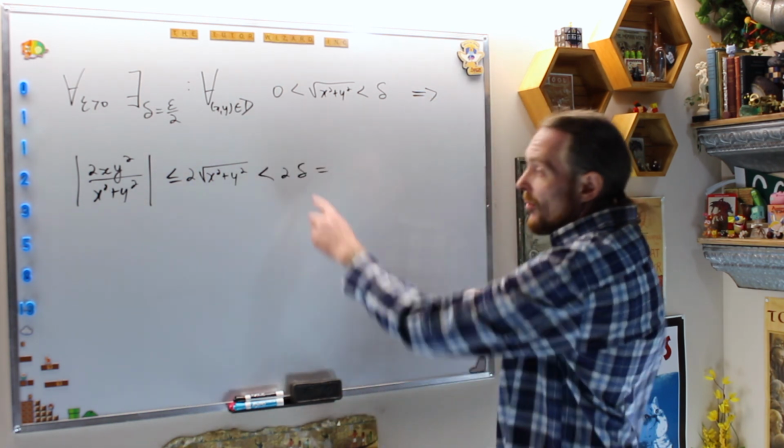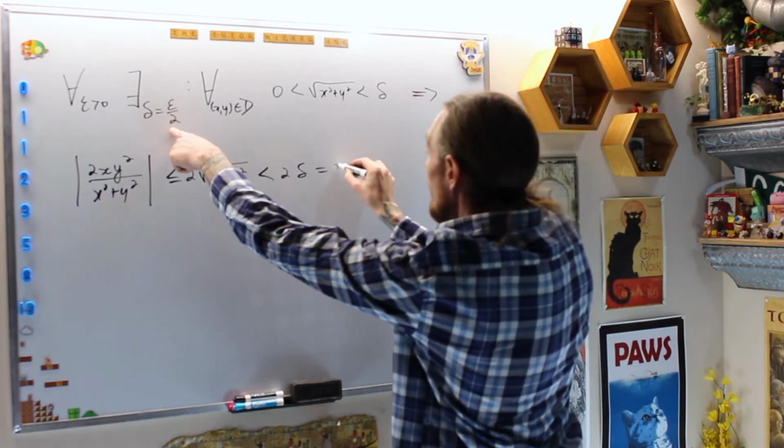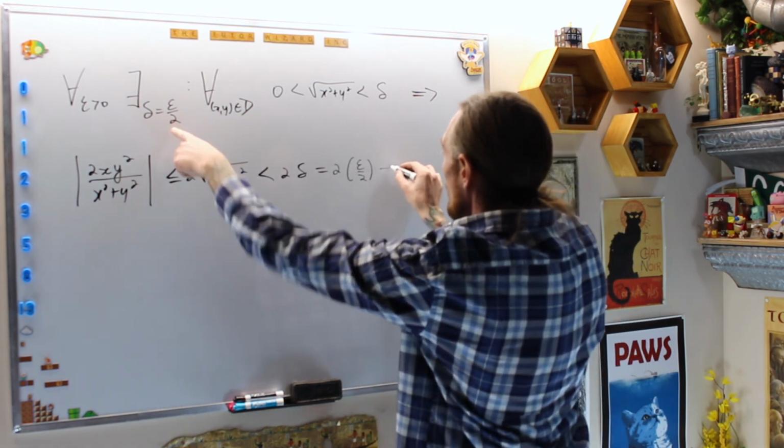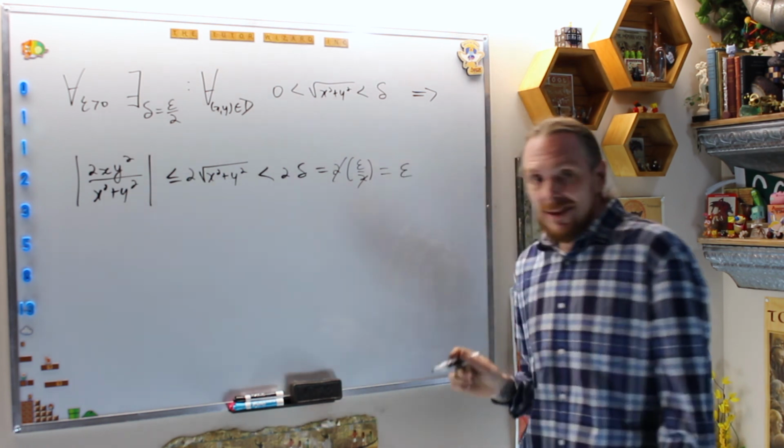Now what was delta? We picked it to be epsilon over 2, which, the 2's cancel, gives us epsilon.